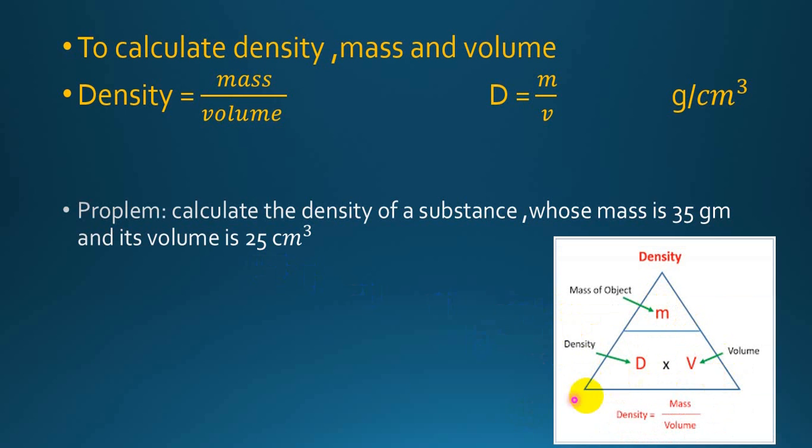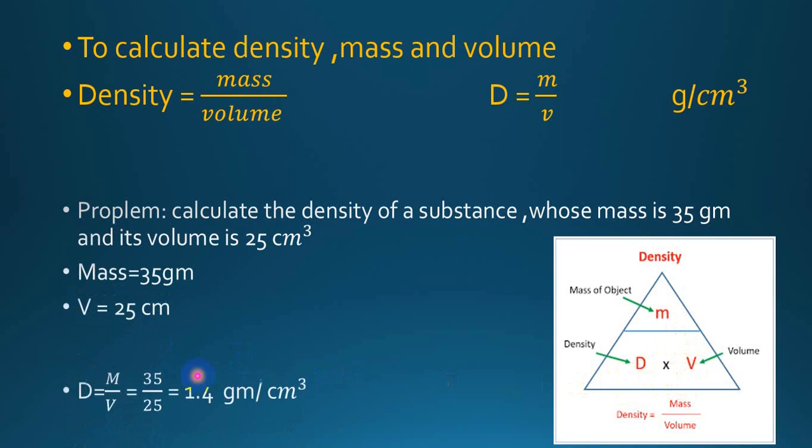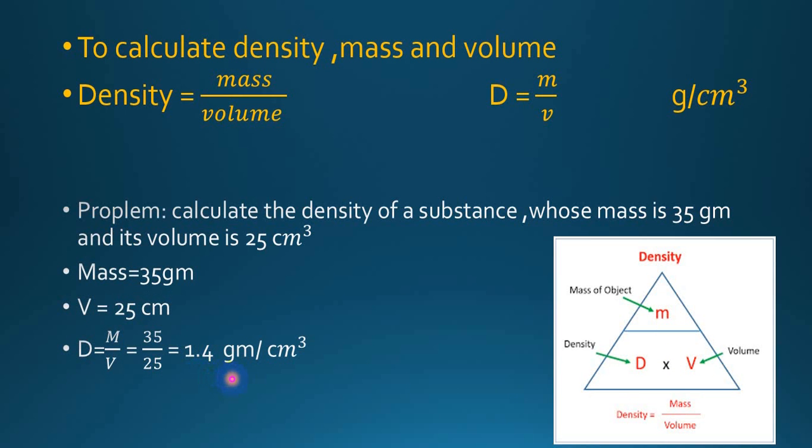It's very easy. M over V equals G. Let's solve the problem together. Mass equals 35 grams. Volume equals 25 centimeter cubed. Density is M over V, it means that 35 over 25 equals 1.4 gram per centimeter cube.